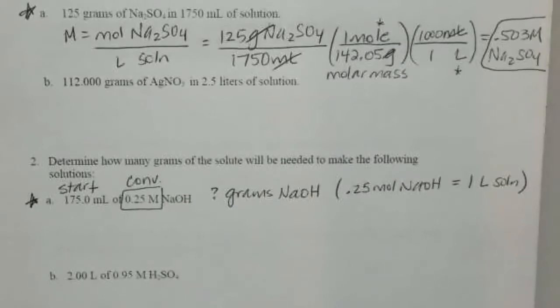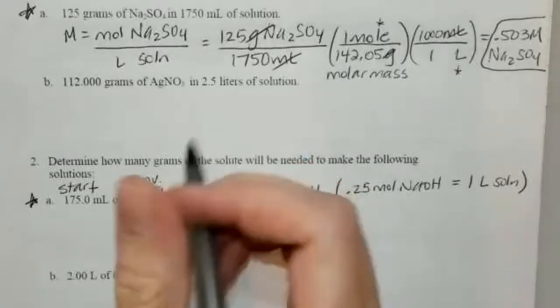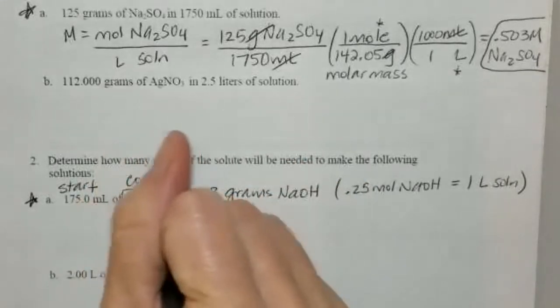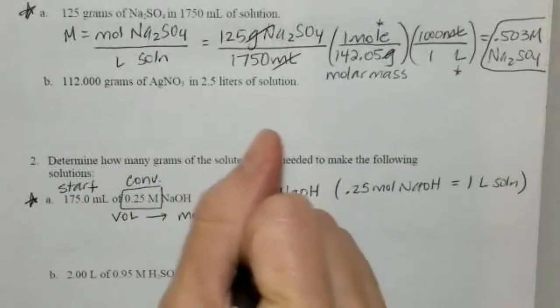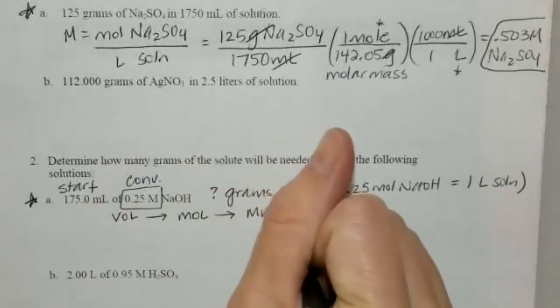So another pullback from the last chapter: anytime you're looking for grams of something, you're going to need the molar mass. So we're going to have to go to the periodic table and get the molar mass of sodium hydroxide. So a little flow chart here. I like, again, to start with volume. We always go to moles first, and then from there, we can take it to mass.